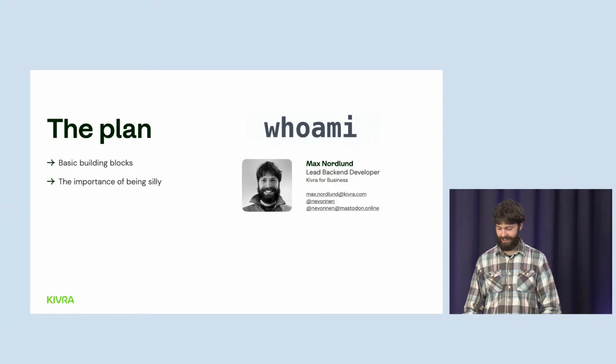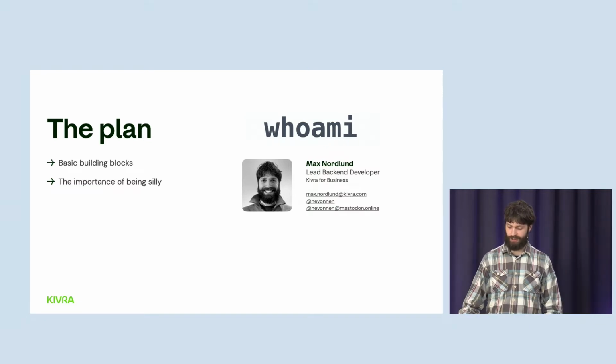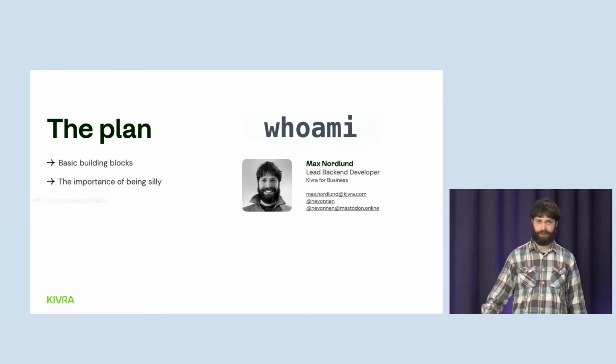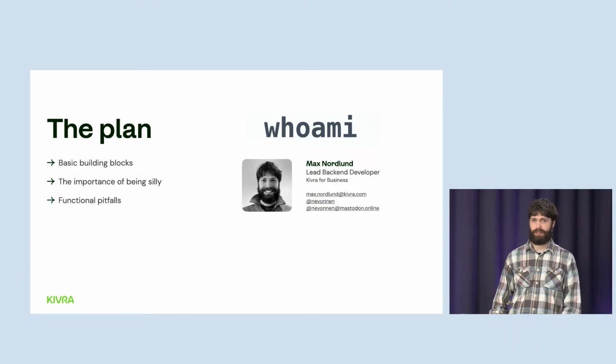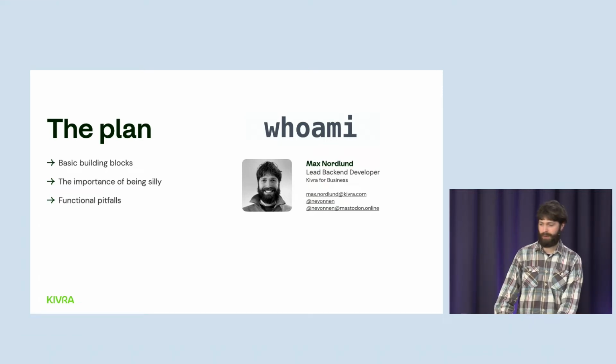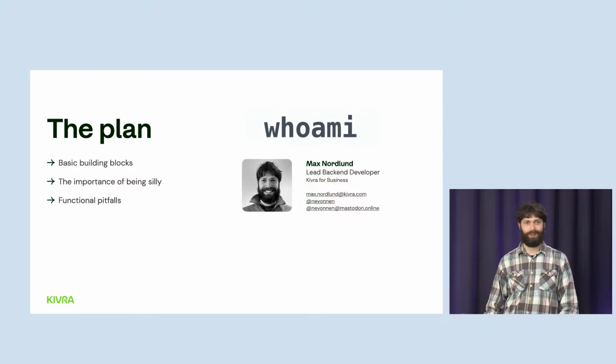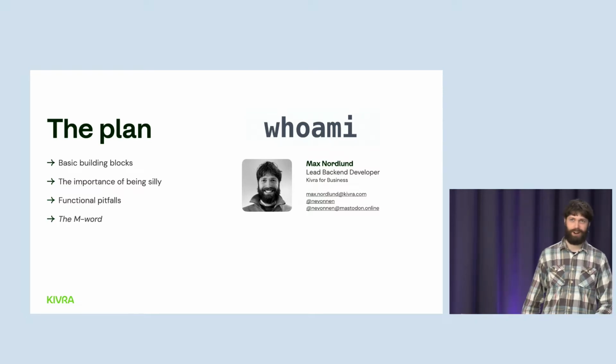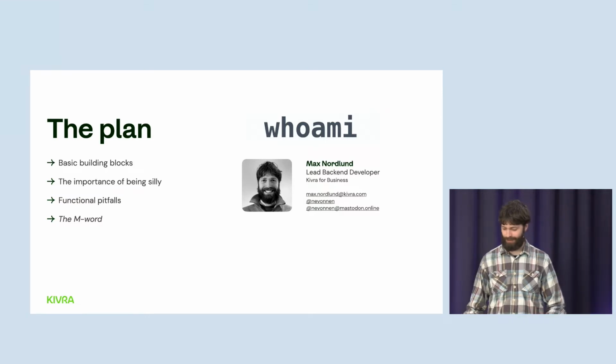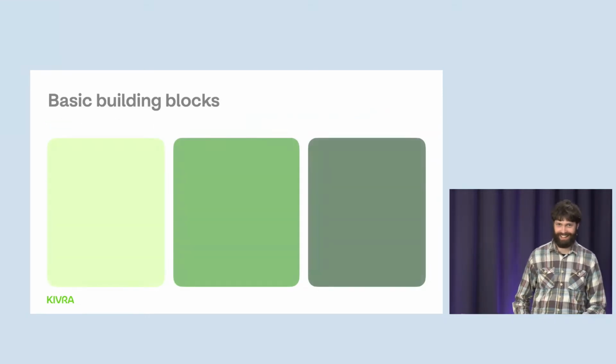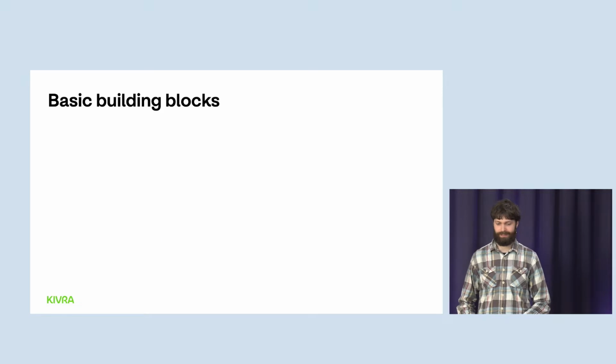You did your literature history lessons correctly. Functional pitfalls. There are some stuff in functional programming language that you probably shouldn't mention and or wrap in burritos. And finally, the M word. I say no more. Okay. Let's get this show on the road.